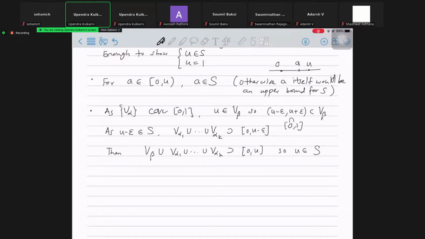So U is in S, but more than that. In fact, if U is strictly less than 1, then it can't be the supremum. That's what we found.